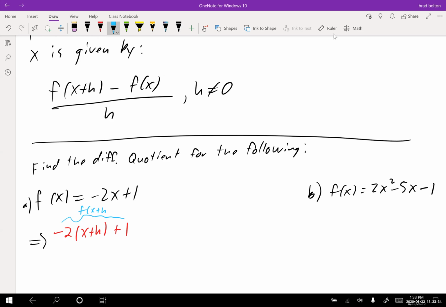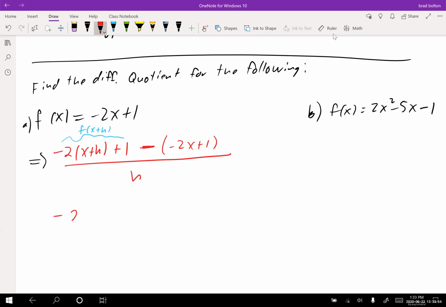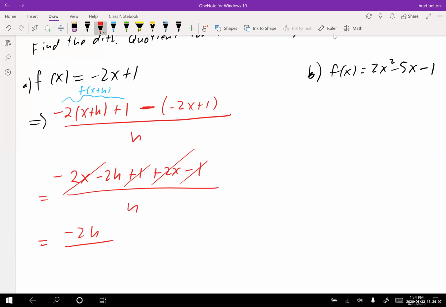And we have to minus f of x, but f of x is actually negative 2x plus 1, divided by h. This will become negative 2x minus 2h plus 1 minus, negative 2x plus 1, all over h. And with the difference quotient there will always be canceling. So the 2x's cancel, and the 1s will cancel. We're left with negative 2h over h, which is negative 2. So this would be our simplified version of the difference quotient, okay?